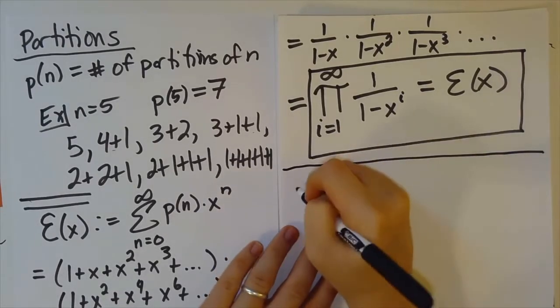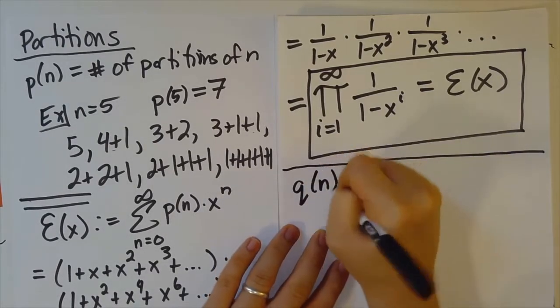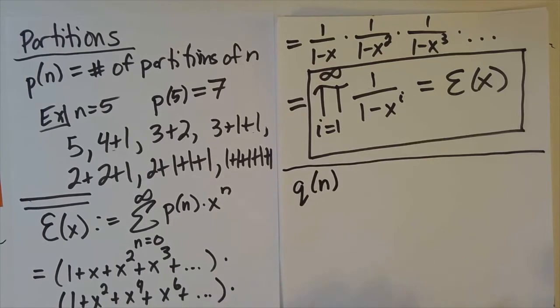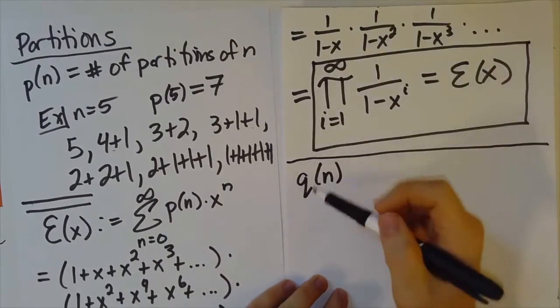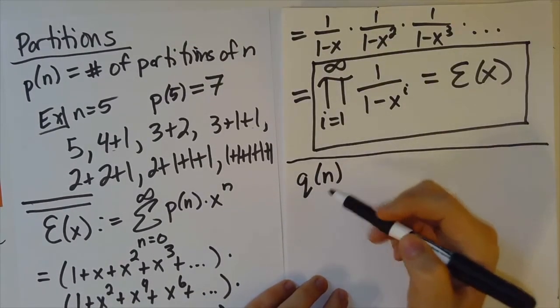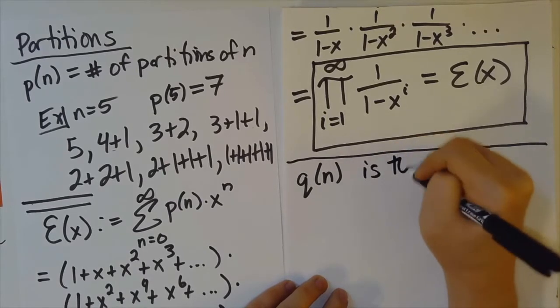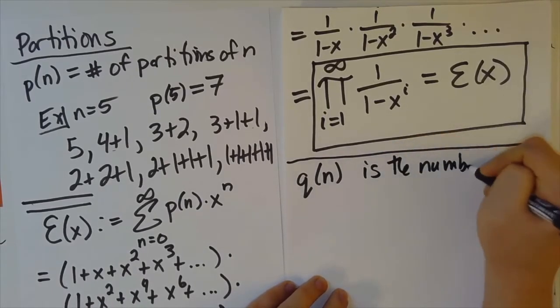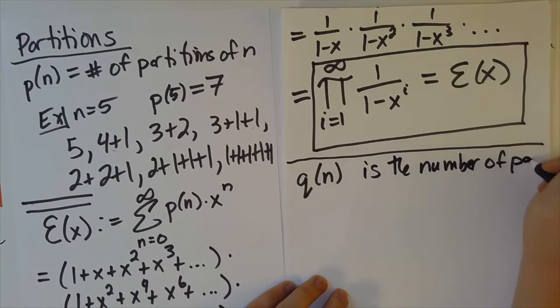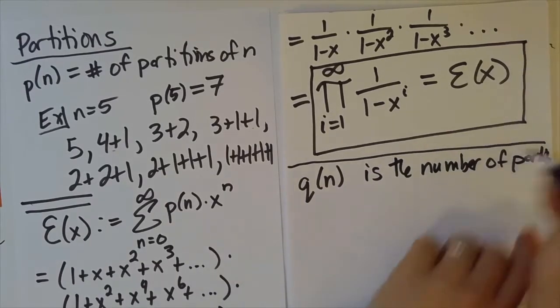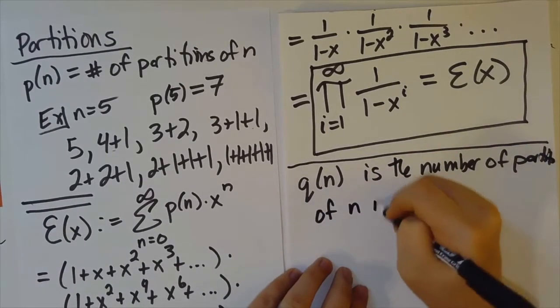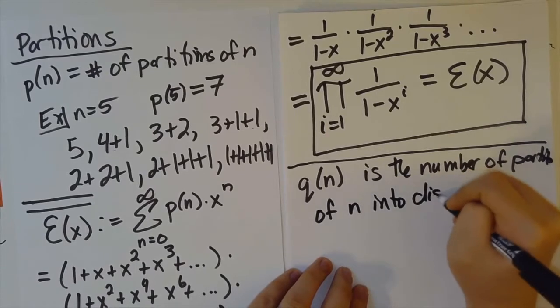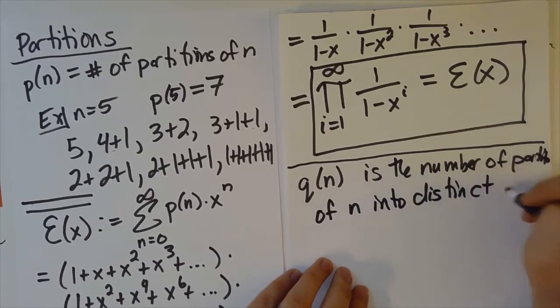So let's talk about the Q partitions. So a Q partition, this is a partition of n into distinct parts.